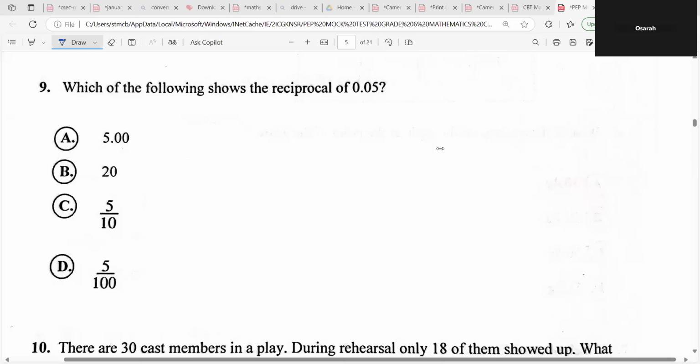To do that, you would put it over 100, because there are 2 digits after the decimal point, and 100 has 2 zeros as well. So we would put it over 100 and then jump 2 places to the left, and then you would get 5 over 100, so it would have been 5/100.